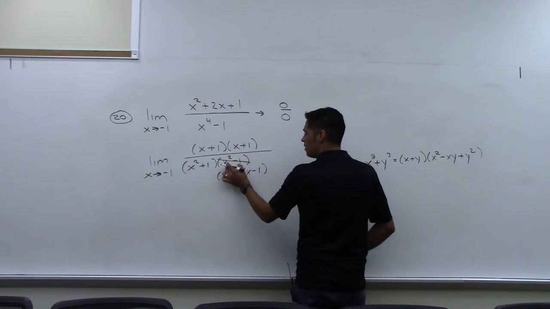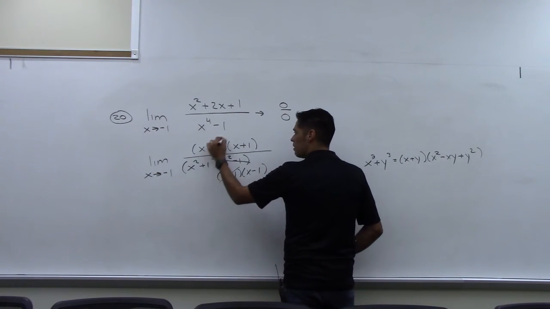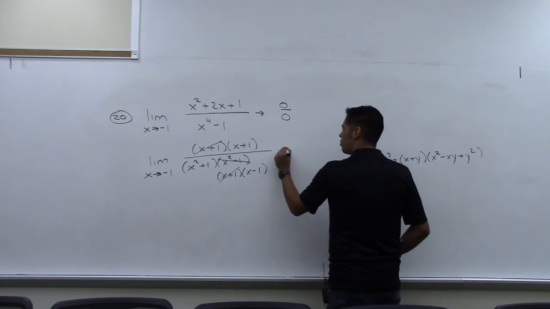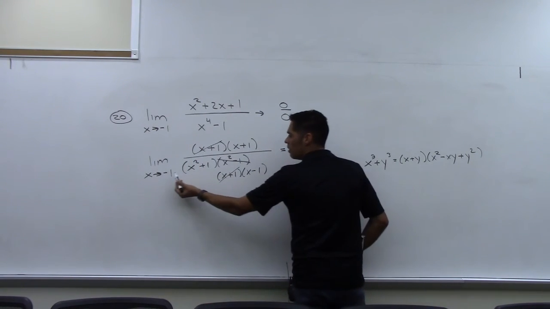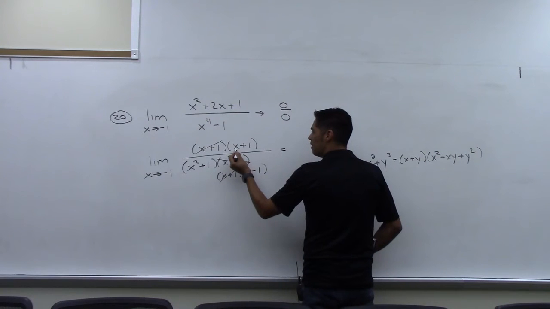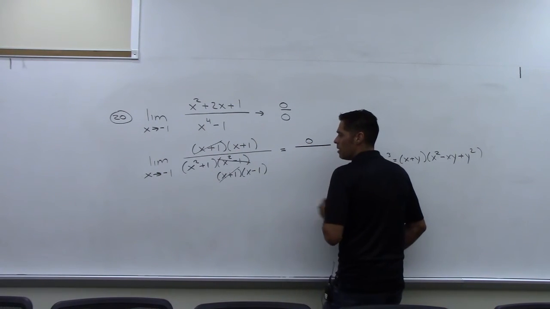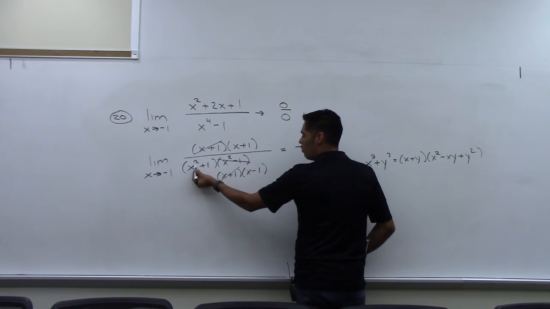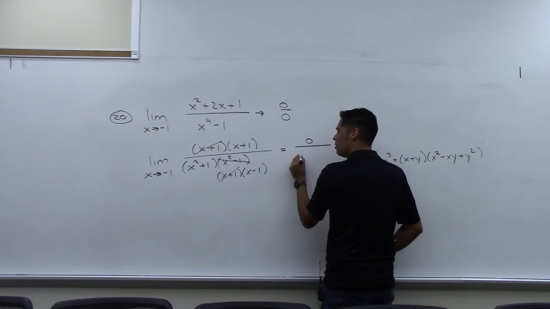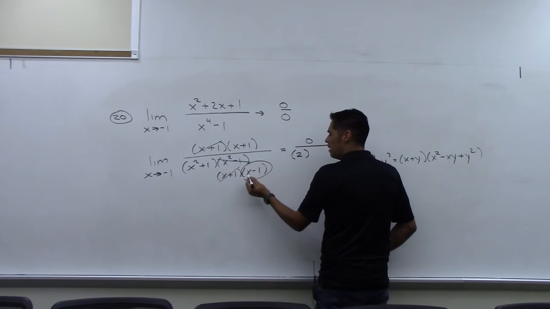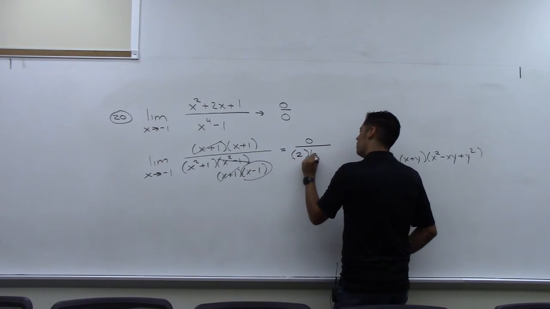Now that we've replaced this with these two, notice that one of these cancels. And now let me just try and do a direct substitution in here. -1 goes in here, -1 plus 1, we get 0 there. Now that may or may not be a problem. -1 squared is 1, 1 plus 1 is 2, so I have 2 there. And then here, I still had this one here. -1 minus 1 is -2.